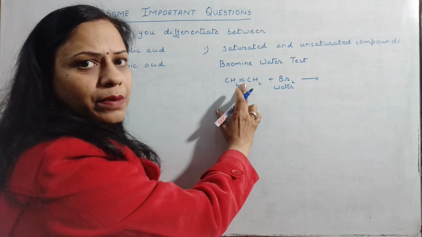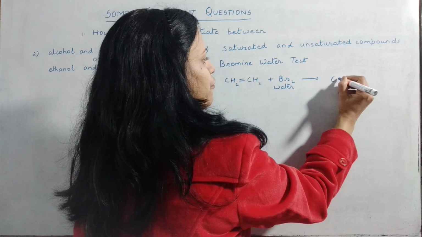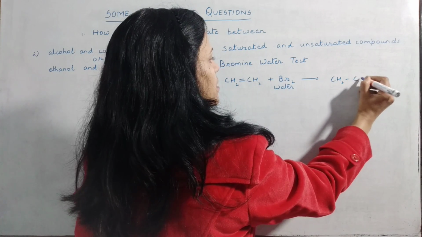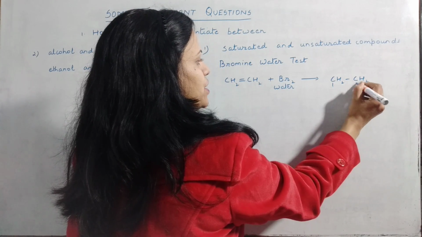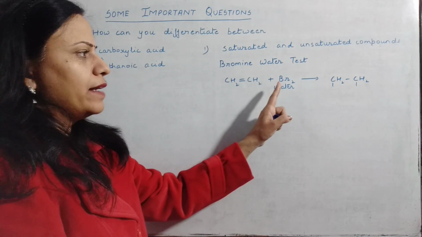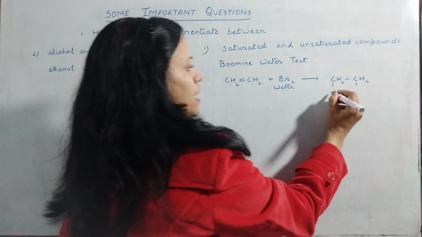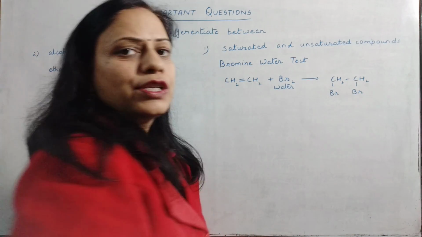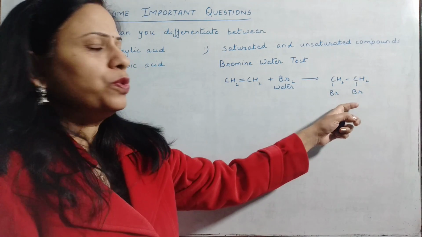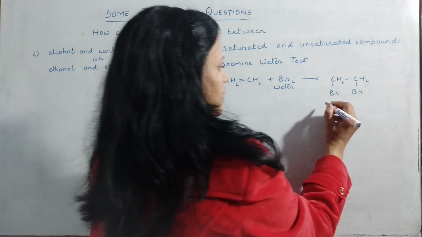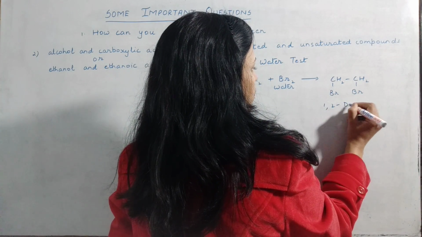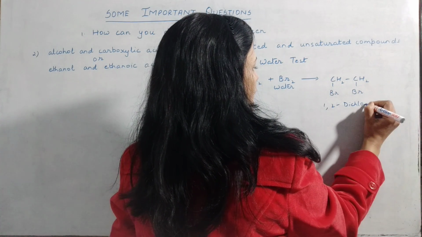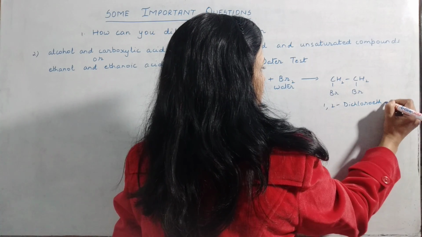This double bond breaks, forming two single bonds, so that the valency of carbon is satisfied, and these two bromine atoms are added over here like this. So this becomes 1,2-dibromoethane.